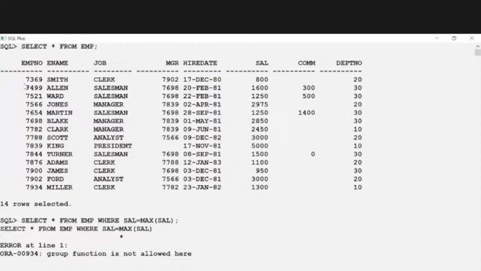Next question I'm asking. Total 14 employees are there now. Among these 14 employees, who is the senior most employee? That I want to find out. I want to find out the senior most employee in my company.